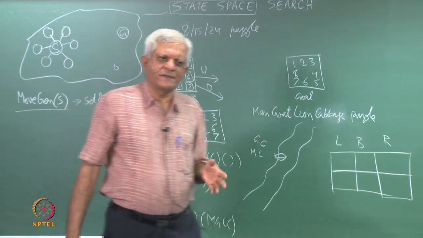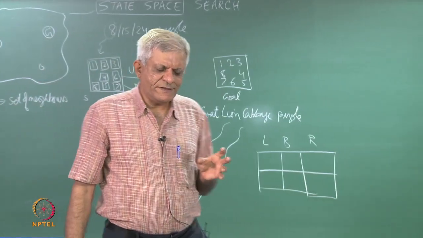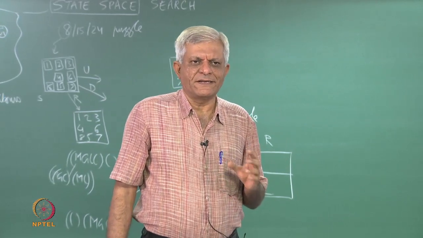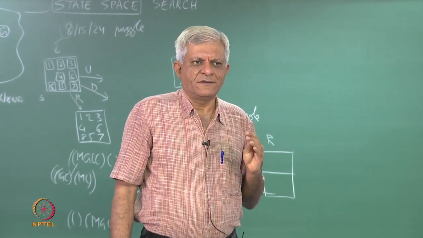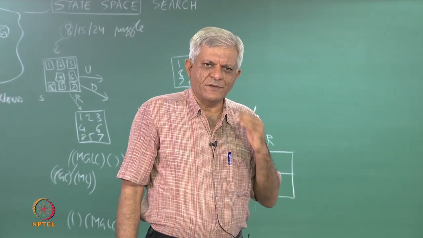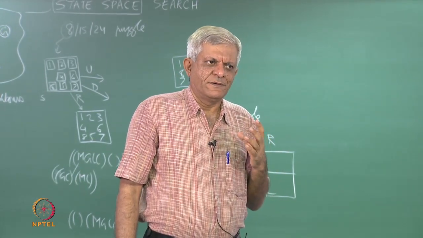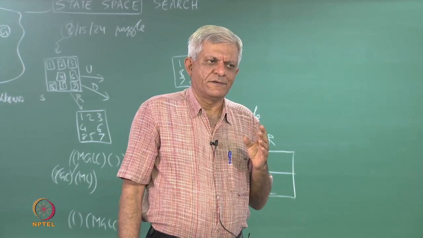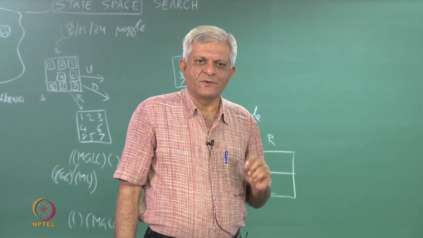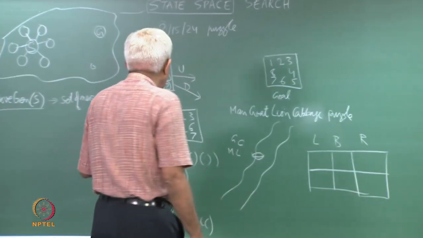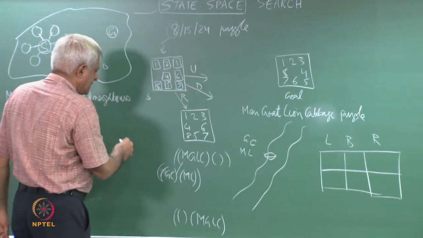So let me suggest another thing, which is that you do not represent things which are on the left bank, but you represent things which are on the side of the boat, and you also represent which side the boat is on. So which means instead of this, I would have something like this.